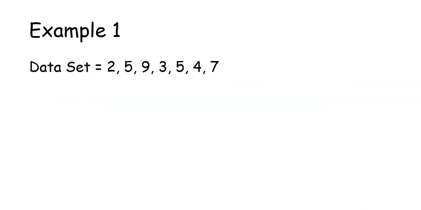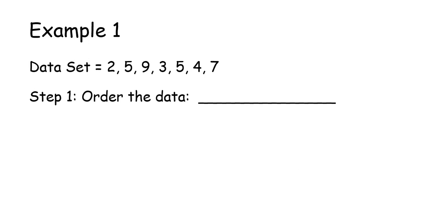So here we go. Example 1. Your data set is 2, 5, 9, 3, 5, 4, 7. Step 1. Order the data, just like before. 2, 3, 4, 5, 5, 7, 9. So we got it all in order.